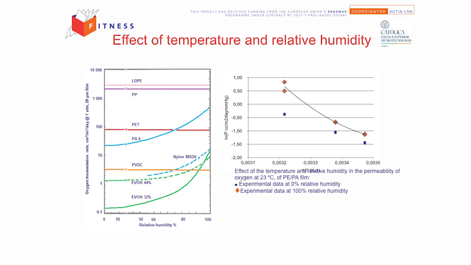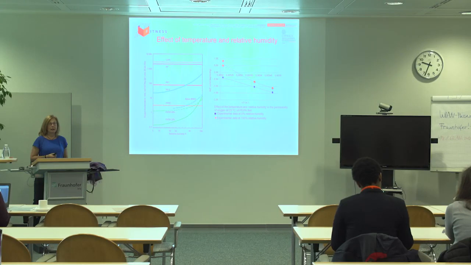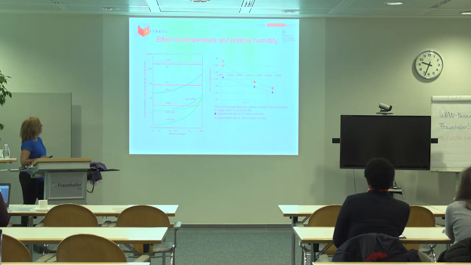And we have also the measurements at the same three temperatures, but where the relative humidity is 100%. Okay, so we see that the permeability increases. So the barrier decreases, and the effect of temperature is higher than the same effect when the material is dry. So this is, to summarize, it's very important to have the conditions defined.